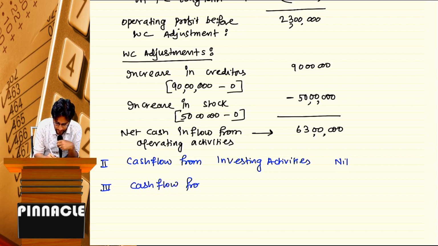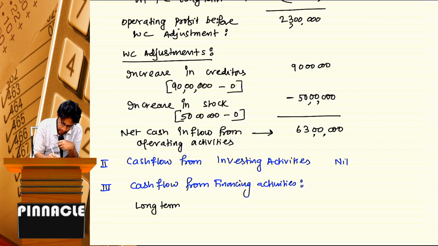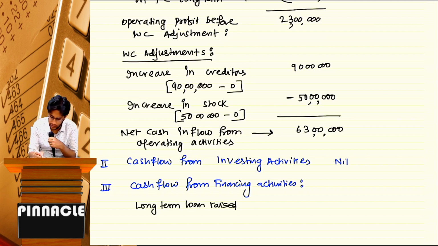Cash flow from financing activities. Long-term loan raised. You borrowed, converted into 50 lakhs and directly is giving away. I will do conversion. I'll copy that. 50 lakhs.